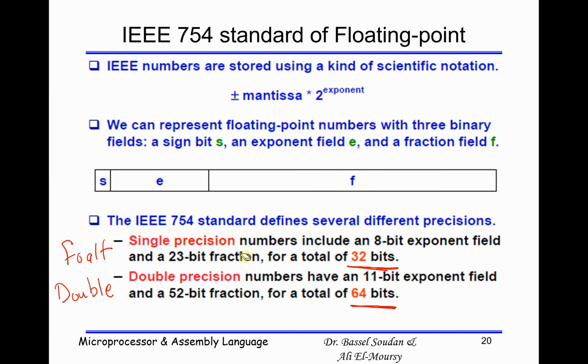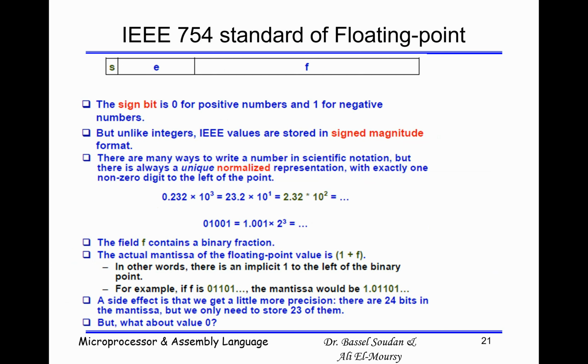This is in general the IEEE standard. As we indicated, sign bit 0 means positive, 1 means negative, and this is related to the mantissa, not the exponent. The exponent is biased, as we mentioned. Unlike integers, the IEEE values are stored in sign magnitude, so I have the sign in the sign bit and the magnitude in the fractional mantissa.